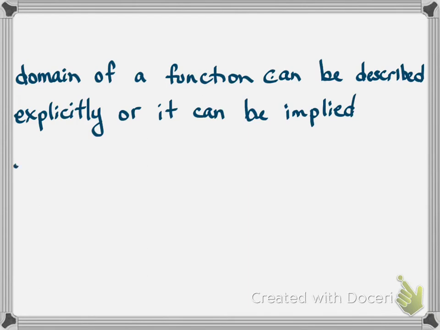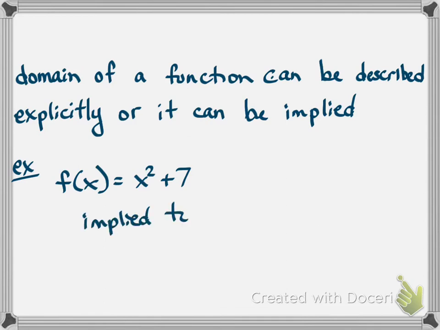So for an example, if you have f of x equals x squared plus 7, this is implied to be true for all real numbers.